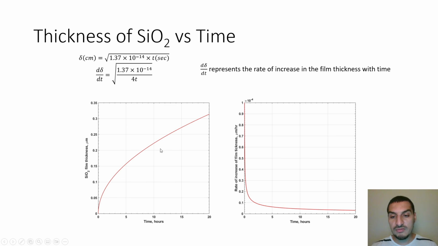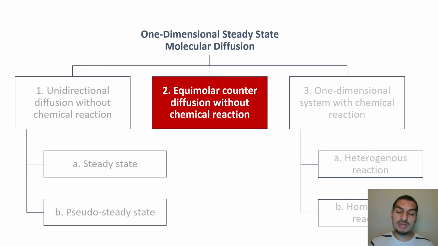And that's why we have this long time needed to increase the thickness of the silicon oxide layer. So this is one thing that we can use as a proof or a validation to our assumption that this is pseudo steady state. And as we see, it takes a lot of time for a very, very small change in thickness. So this is the second type, which is the pseudo steady state.